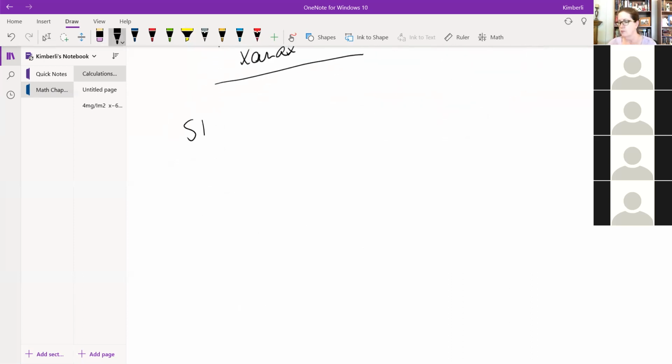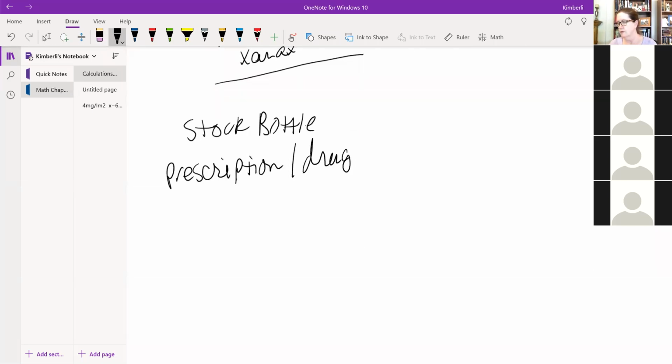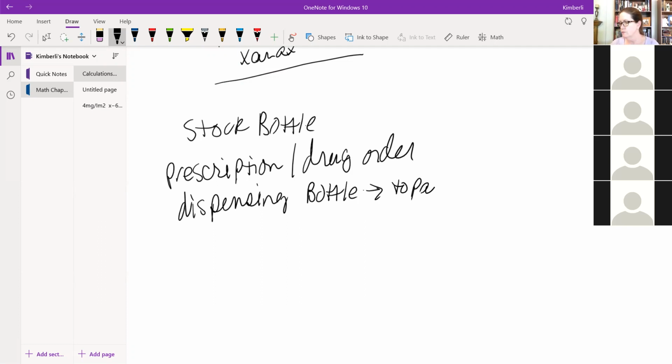We have the stock bottle, we have the prescription or drug order, and we have the dispensing bottle, which goes to the patient. And by law, they all have to have different things on them.